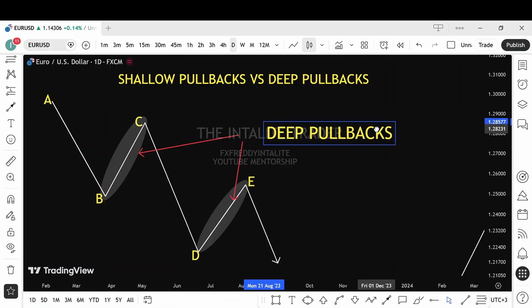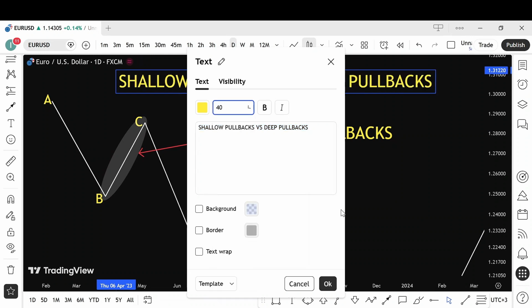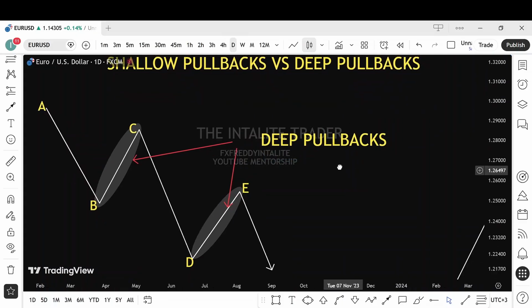These are deep pullbacks. So the whole thing is we are looking at shallow pullbacks versus deep pullbacks.